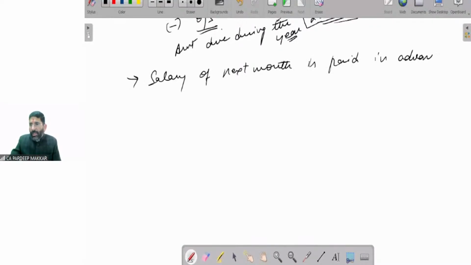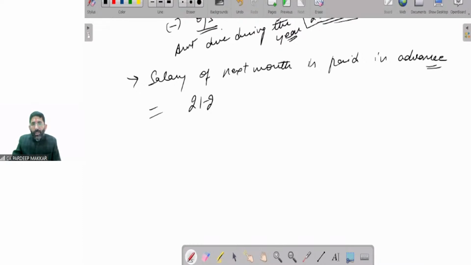Even salary for the current month is paid and the next month is also paid in advance. Means here we have a different type of employee. That employee is taking salary in advance. Even in the previous month, he is getting salary for the next month.